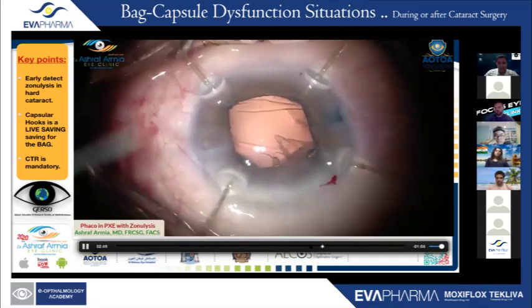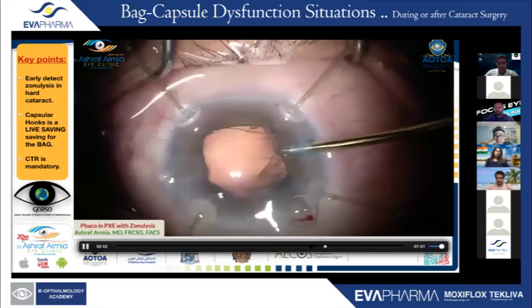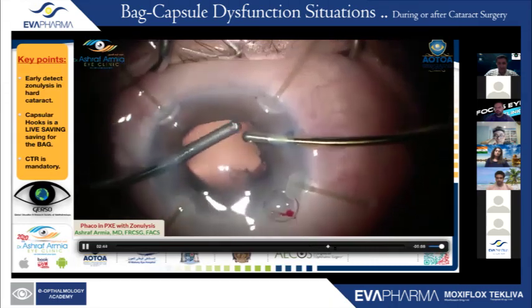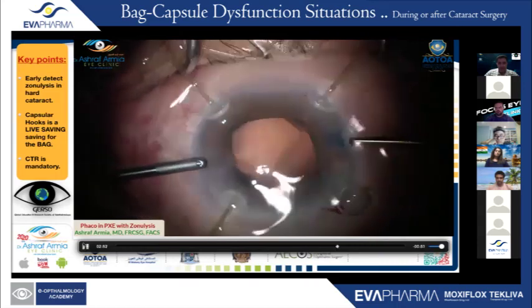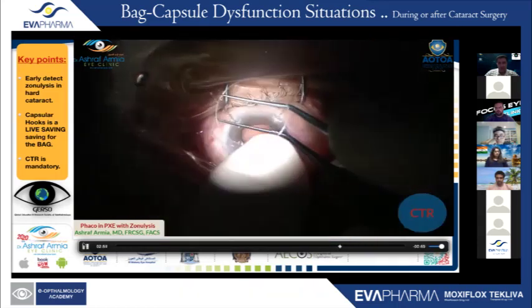Removing all the cortex. Putting the CTR in this situation is very important.